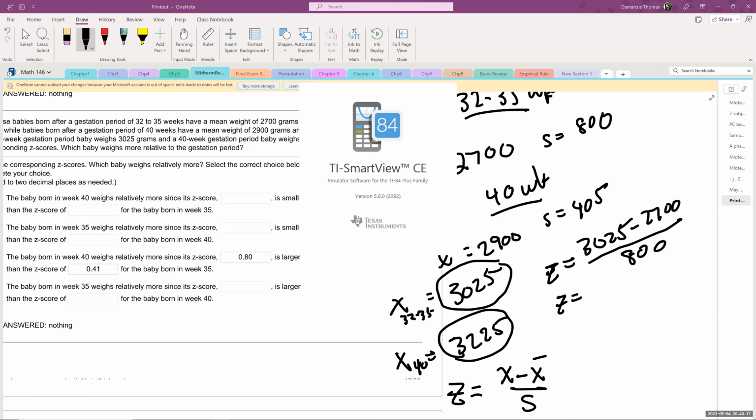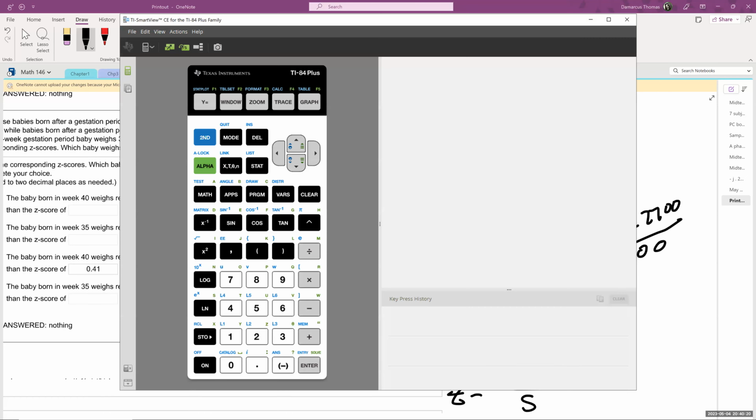I'm going to pull up my calculator here. I realized that sometimes I should switch to view.